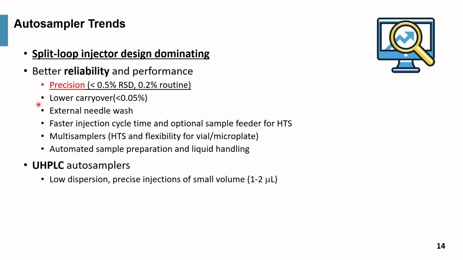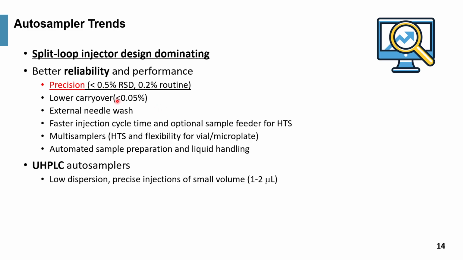So in this particular slide, we talk about the autosampler modern trends. The big lesson is the split-loop injector design is dominating the modern landscape. Modern autosamplers clearly now have much better reliability and really good performance. Precision, most specs are less than 0.5%. Routinely, one has no problem getting to an RSD of 0.2%.